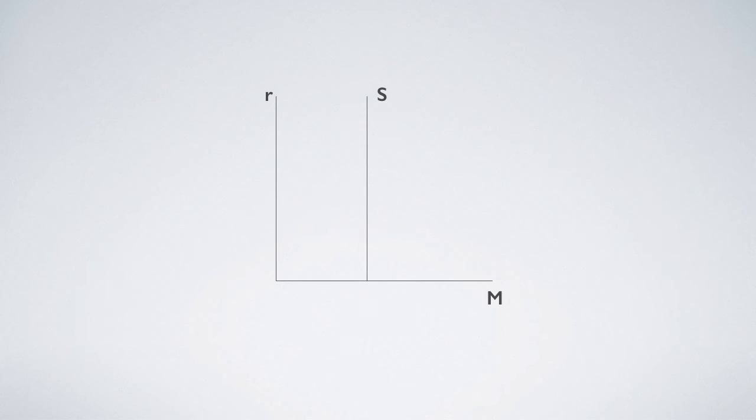Now let's move on to see this supply curve. A vertical line means limited supply, but printing money does not have any limit, for its cost is almost zero. Hence, both the demand and the supply curves of this graph do not exist.